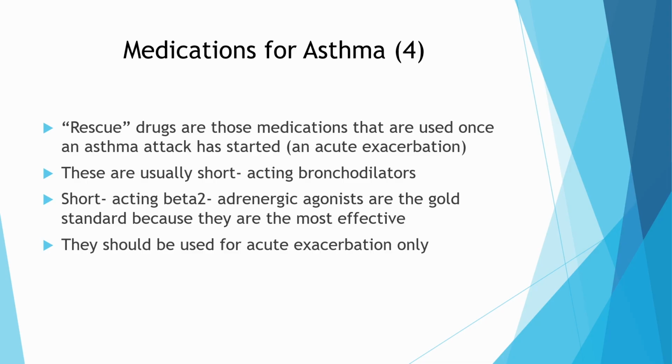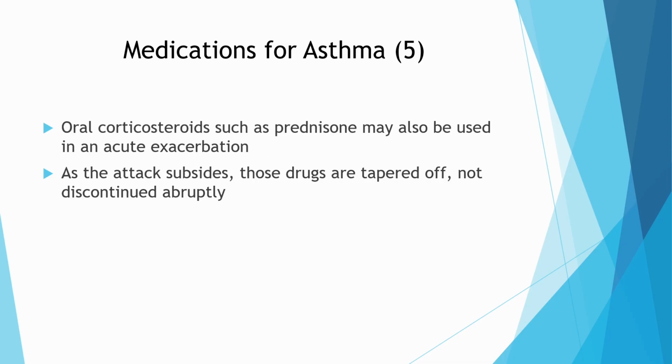Short-acting beta-2 adrenergic agonists are the gold standard because they are the most effective, and they should be used for acute exacerbation only. Oral corticosteroids such as prednisone may also be used in an acute exacerbation. So as the attack subsides, these drugs are tapered off. They are not to be discontinued abruptly.